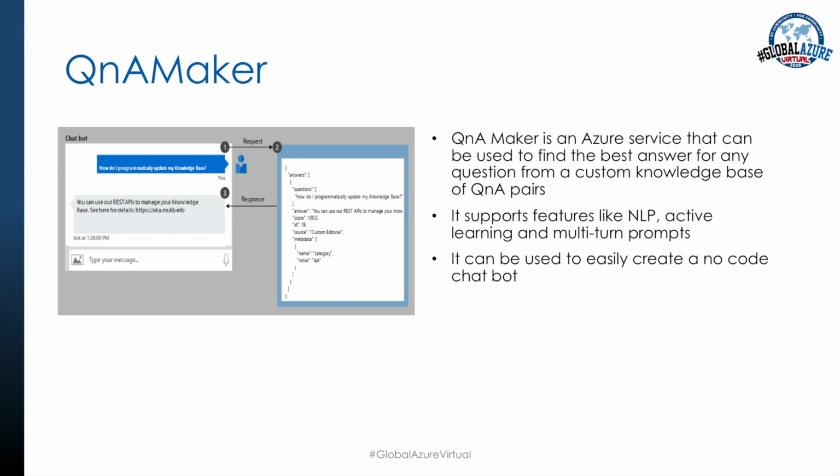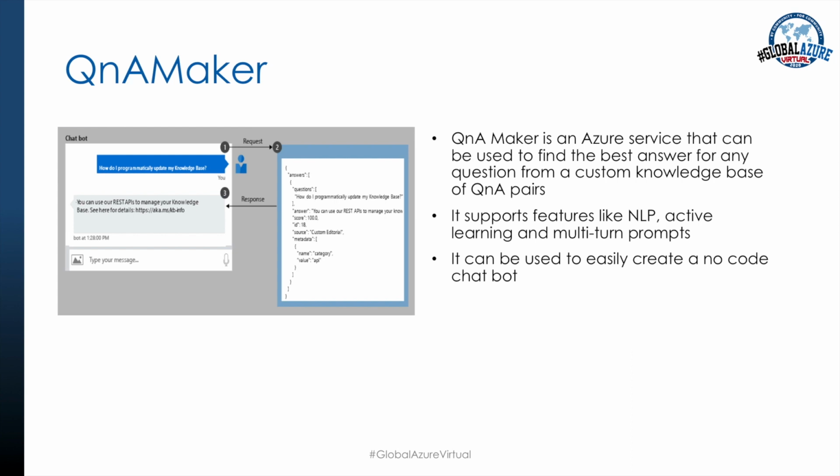Not just this, but QnAMaker also offers some very interesting features like natural language processing, which means that the phrasing of your question does not have to be exactly the same as the one that's stored in the knowledge base. Even if the phrasing is slightly different, or if there are spelling mistakes, even then the service will automatically know the intent of your question and it would give you the expected response.